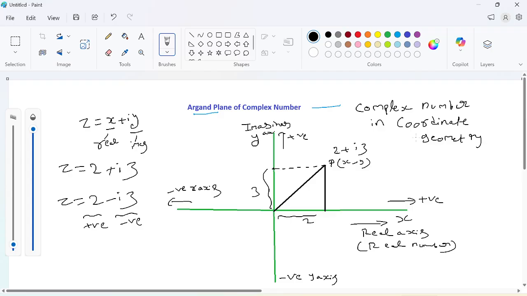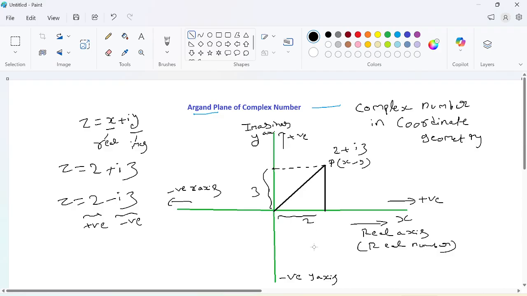This we have studied in earlier standards also, like 10th standard, about graphs and coordinate geometry. Here the real part is positive, so it will be in this direction, but along the downward direction because the imaginary part is negative.